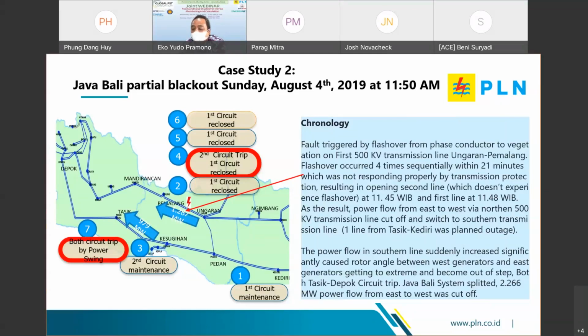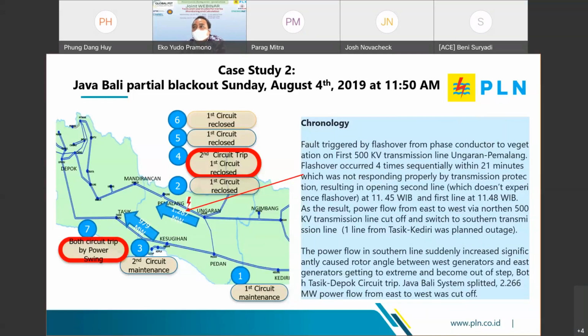That 1 circuit had to transfer 2000 megawatt, causing the rotor angle between the west generators to become extreme and go out of step. So again, west, east and middle split.